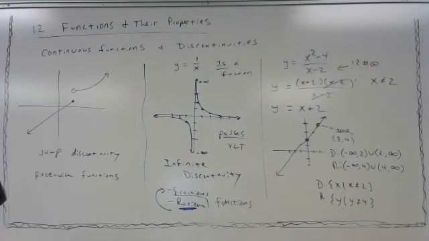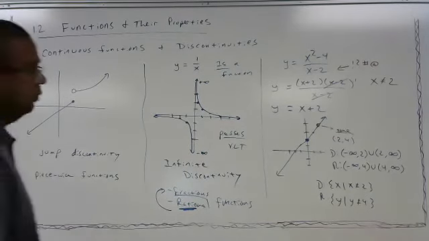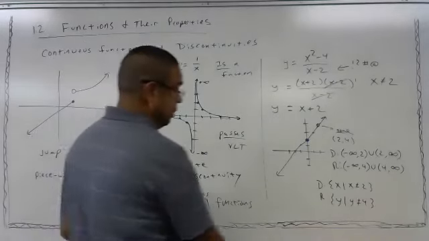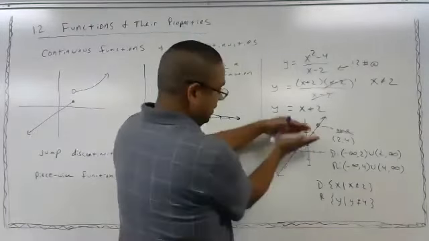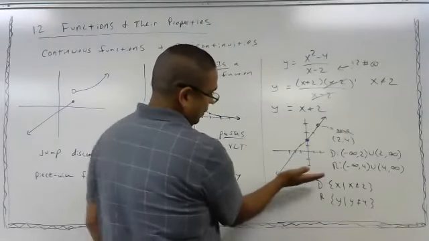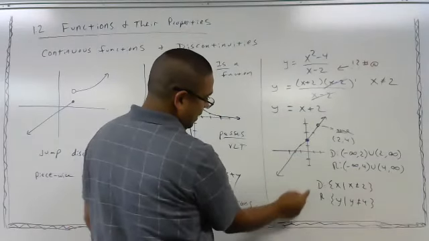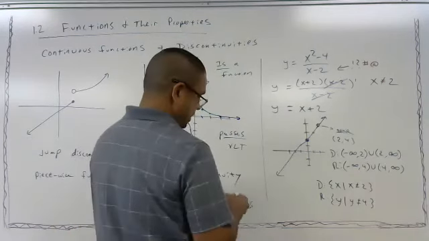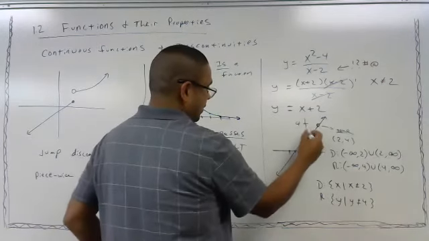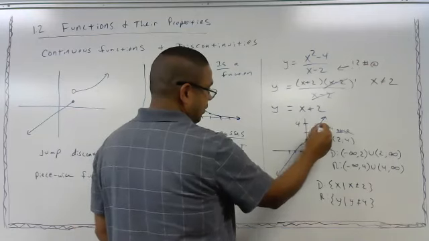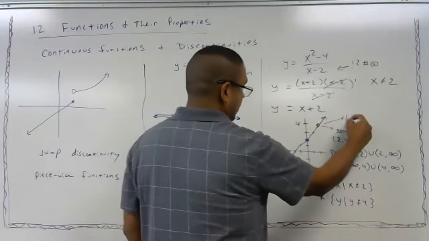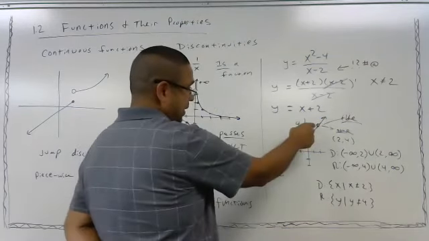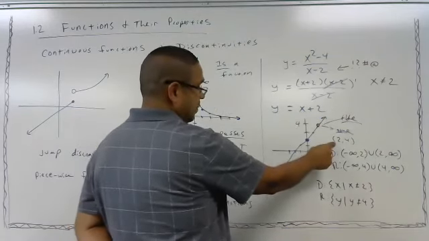Why is the range 4? So the range isn't 4, the range is everything. Remember, the range is your y values this way. So the range can go from all the way down here to infinity, all the way up. But 4 is not included in the range. Right? There's a hole there, at this point.